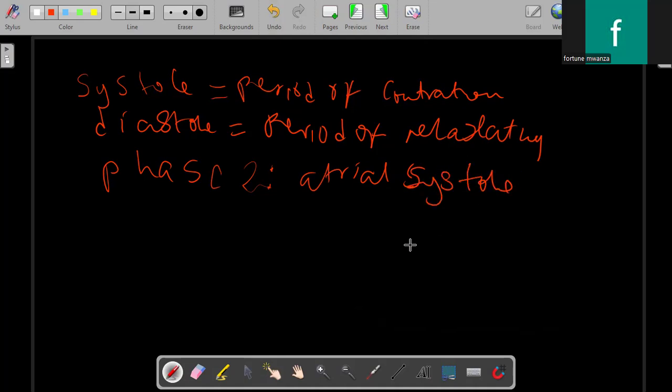What is happening in the atrial systole? By the word systole, by now you know, it means a period of contraction. In this phase the atria are contracting, undergoing contraction. Why are the atria contracting?